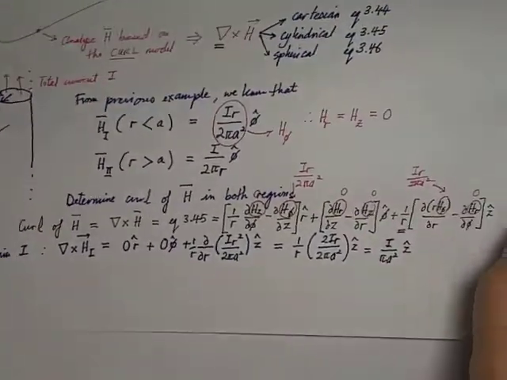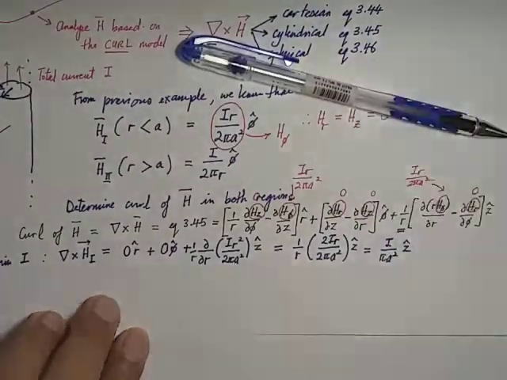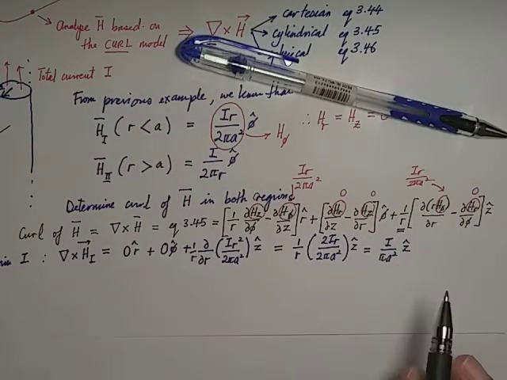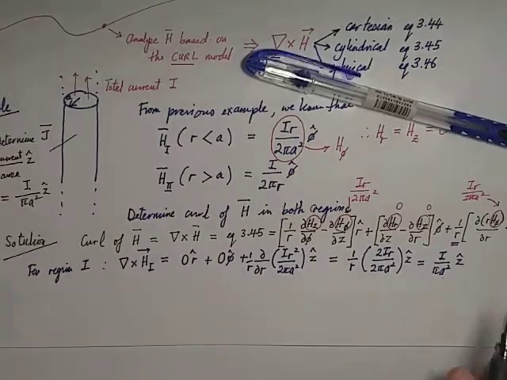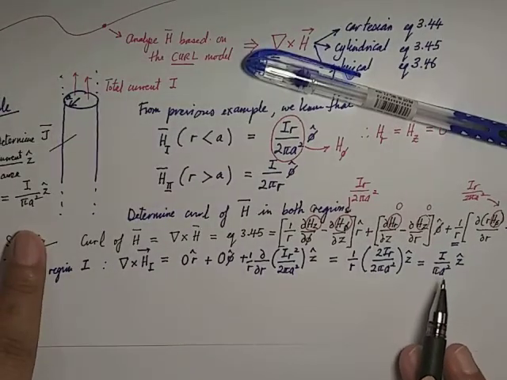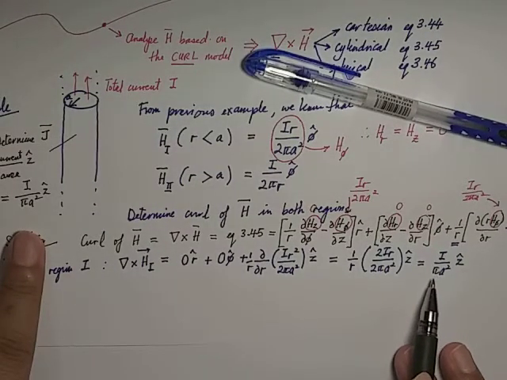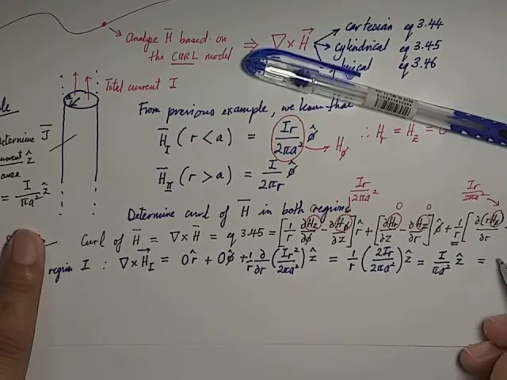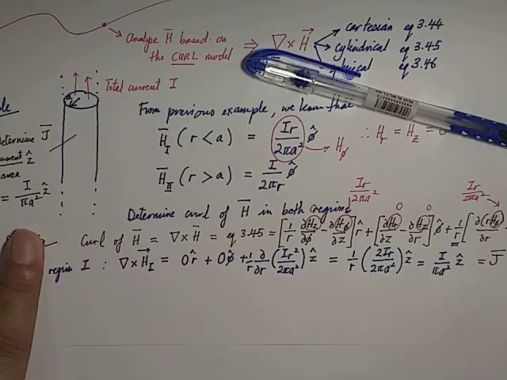So now let's compare the J that we define based on the problem and our numerical solution that we obtain based on the curl model. So what we can see now, they are the same, correct? This current and this current are the same. Okay, so therefore what we can state now, this actually equal to J, volume current density.